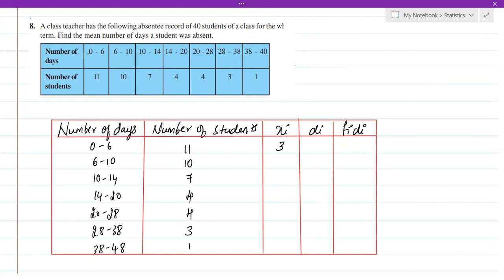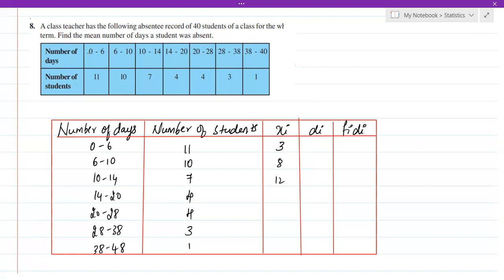Then between 6 to 10, it will be 8. Okay, if you just add 6 plus 10 is what? 16. 16 by 2 is 8. Okay, next 10 to 14. So if you add 14 plus 10, 24, 24 by 2 is 12.